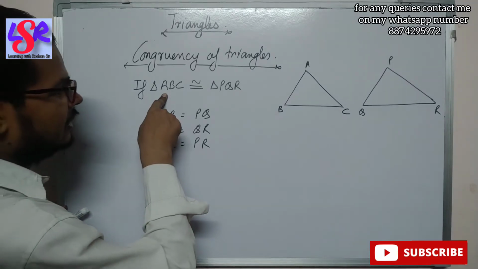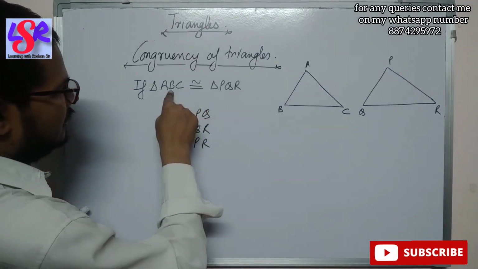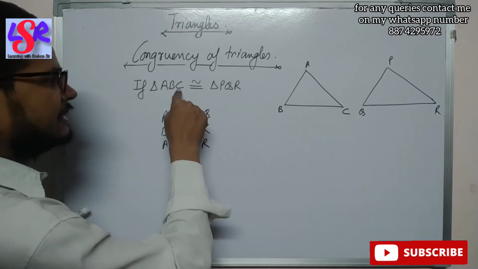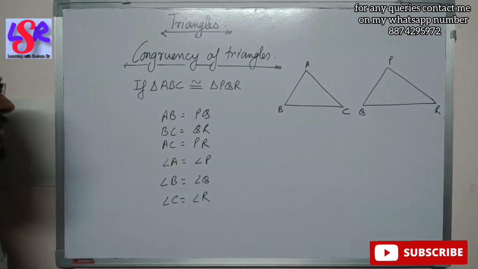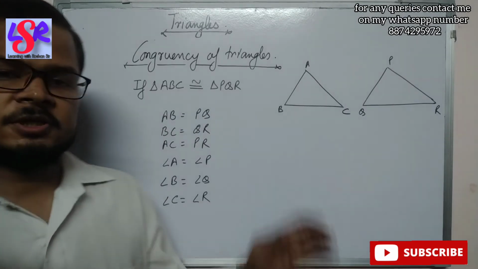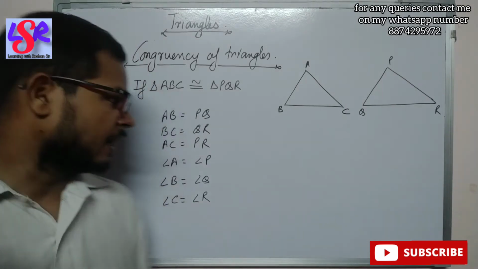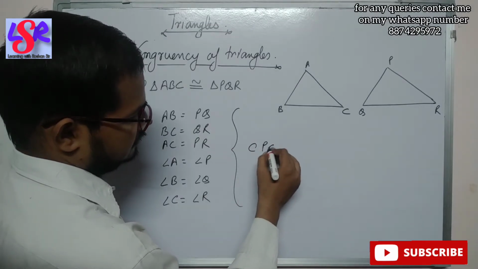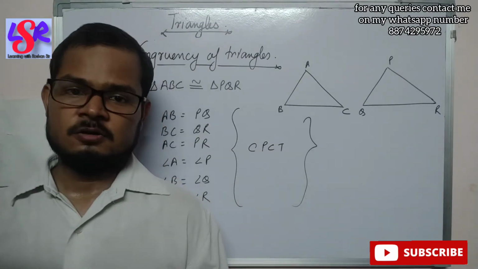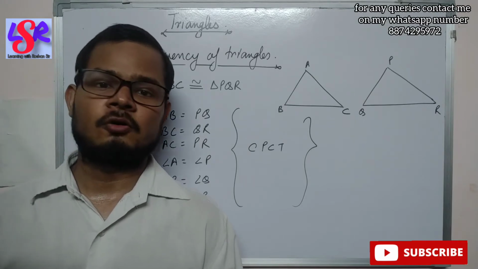Also angle A will be equal to angle P, angle B will be equal to angle Q and angle C will be equal to angle R. So here we have 6 things equal if we prove any of the triangles as congruent. And the reason for all of this is CPCT. That stands for corresponding parts of congruent triangles.